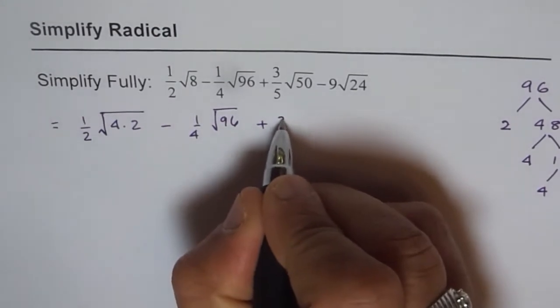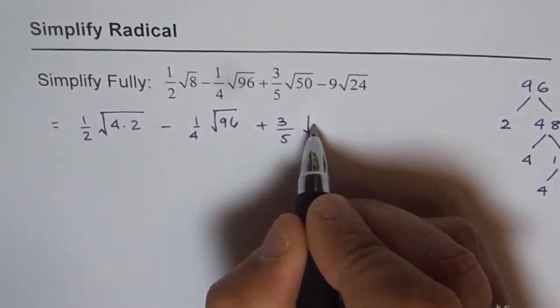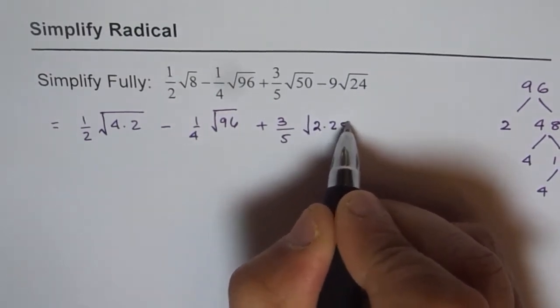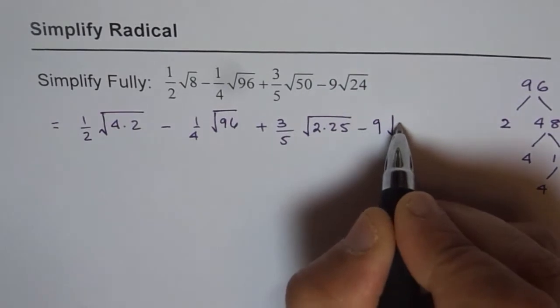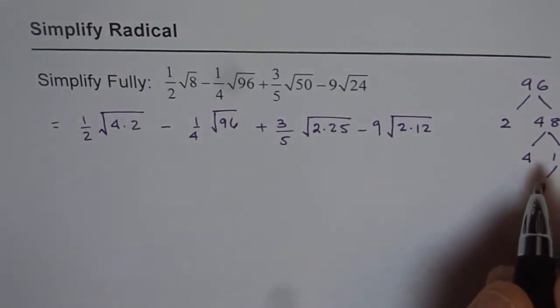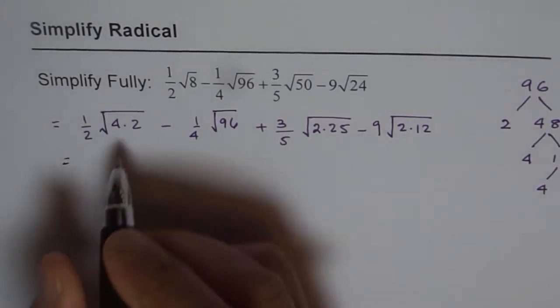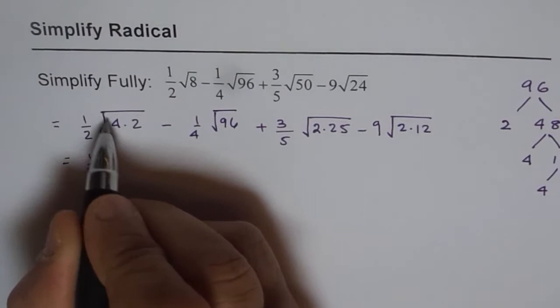Now the next is 3 over 5 square root of 50. 50 could be written as 2 times 25, minus 9 square root of 24, which is 2 times 12. So now we will bring out the terms which are perfect squares. So we have half. 4 square root is 2.